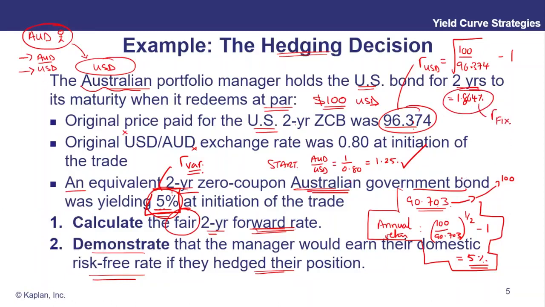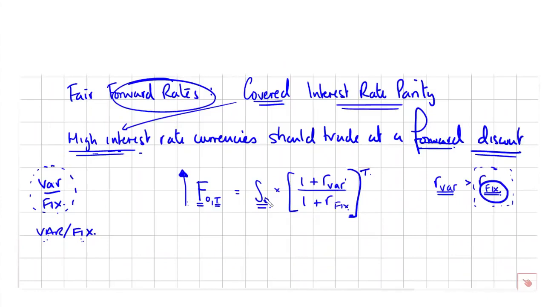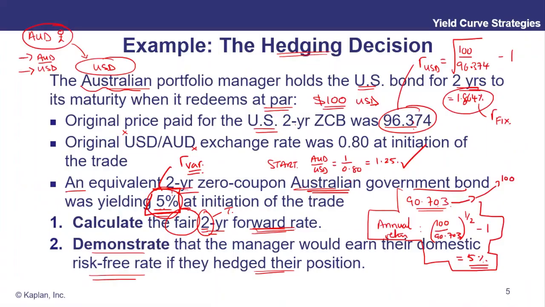When we think about our ingredients now, we've got 2 years in play here. That's our maturity, and we're pretty much there now for part 1. We can just use our covered interest rate parity formula, take the current spot rate the right way up. That was 1.25.